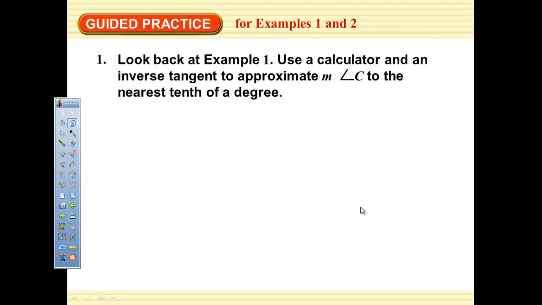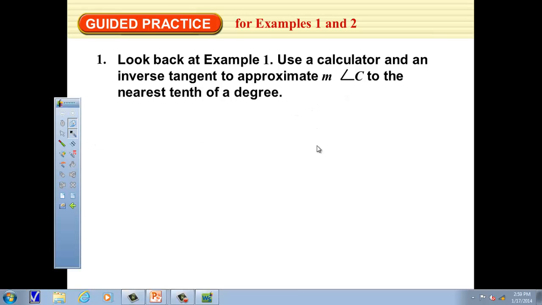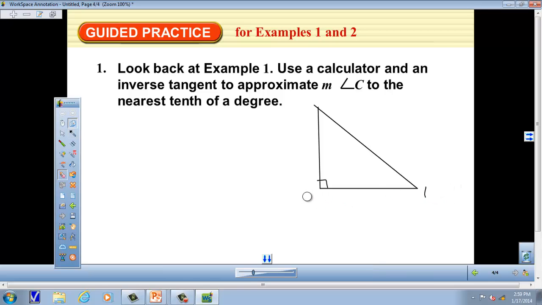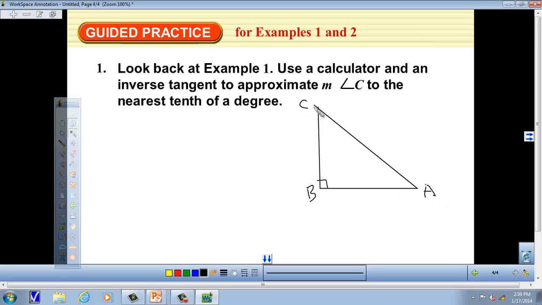Okay? And it says, use a calculator for example 1 and the inverse tangent to approximate angle C. If we go back to the original picture, we had, I believe, B here, A here, and C, and then we had 15 and 20.